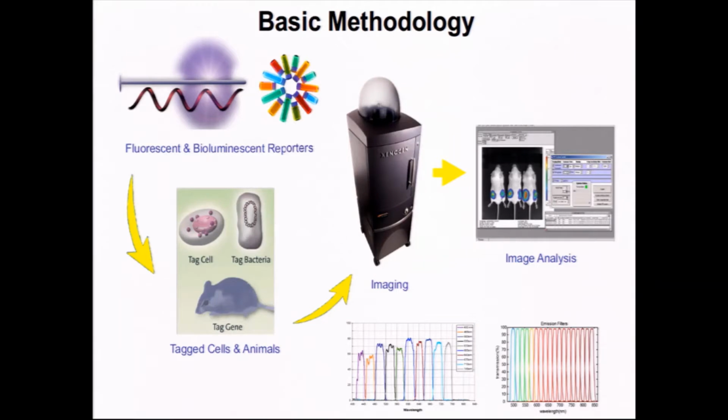The alternative is, of course, that you can take these transgenes and introduce them directly into the animal to make a transgenic animal, either by using pronuclear microinjection, or you can make somatotransgenics, where you introduce the gene after birth. You then take the animal with its optical source internalized and place this into the imaging platform.